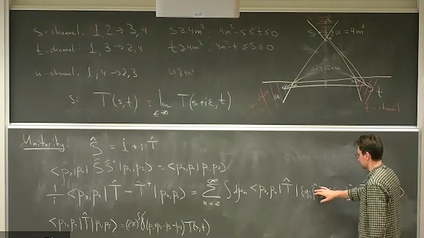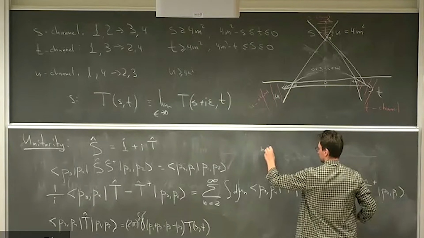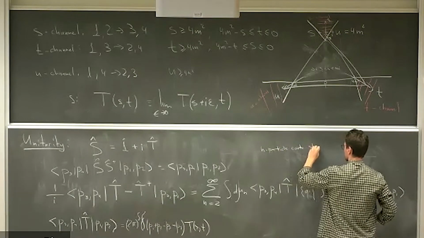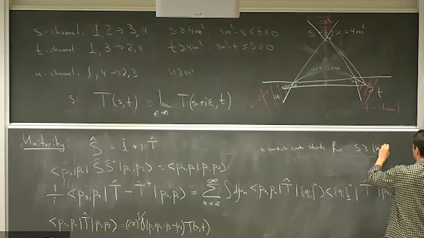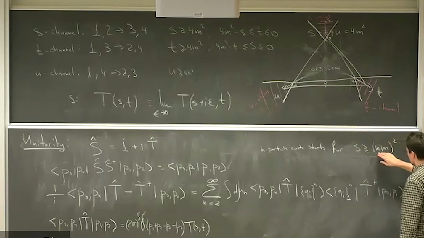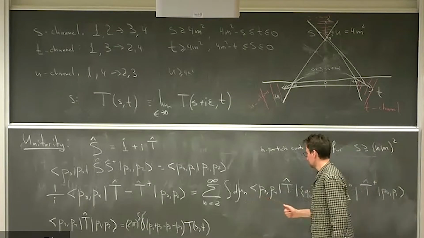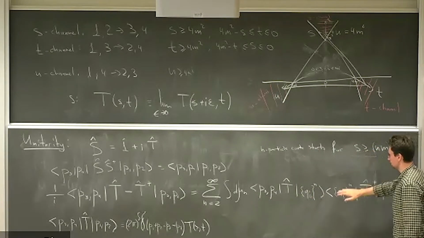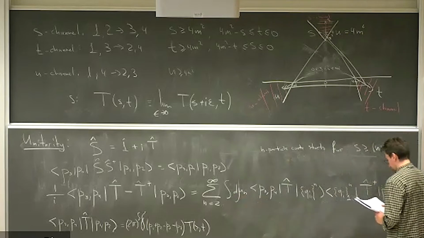If you take this energy S, this n particle contribution starts for S larger or equal to n squared m squared. S is the total energy squared, and you can only produce n particles above that. So this unitarity relation has a hierarchical structure where, when you increase energy, you can produce more and more particles, and so more and more terms appear in this sum.